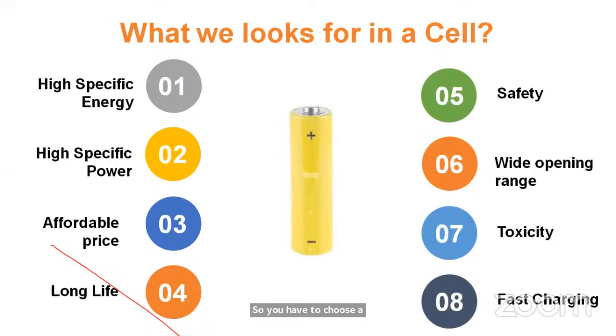Long life. You have to choose a cell whose life is long. You might have heard that whenever you are going to buy an electric vehicle, they give you some warranty on your battery, like 5 years or 6 years or 4 years of warranty.